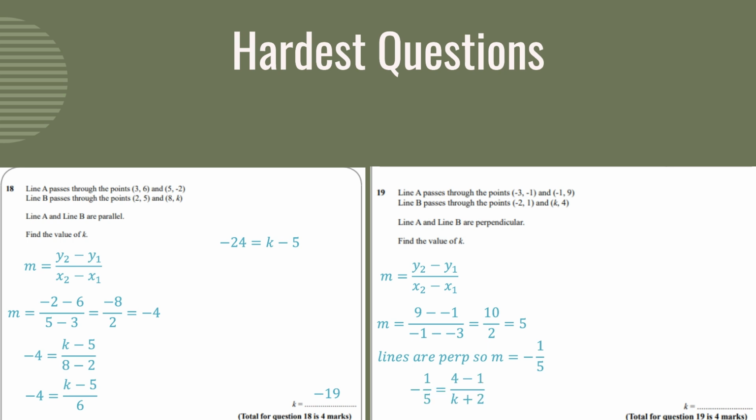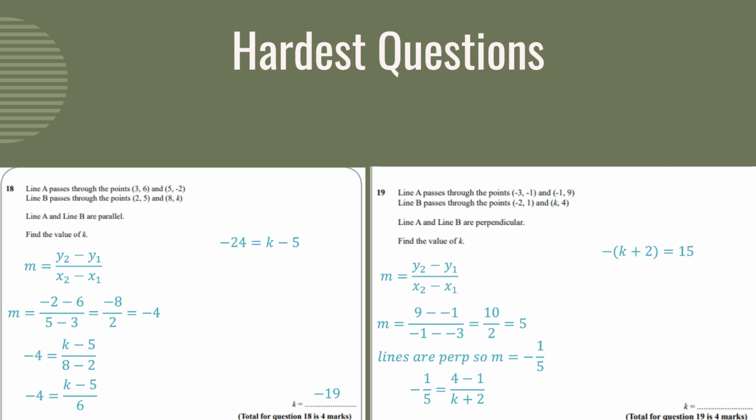So minus a fifth equals 4 minus 1 over k minus minus 2, which means k plus 2. We then times up by k plus 2 and times up by 5. So it would be negative 1, so you can just put the negative, and then in brackets k plus 2.